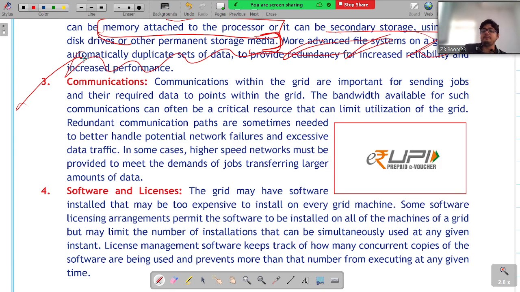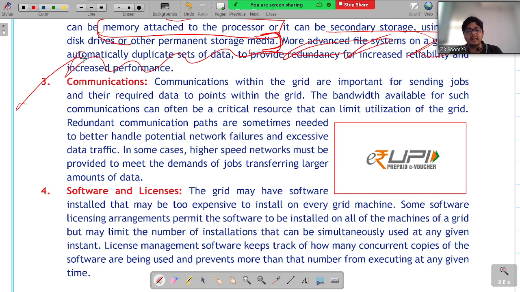Redundant communication paths are sometimes needed to better handle potential network failure and excessive data traffic. Okay. In some cases, a higher speed network must be provided to meet the demand of jobs transferring larger amounts of data. We have already done this thing. For example, if computer number 1 has low internet speed, can I use another computer's internet speed? Yes.